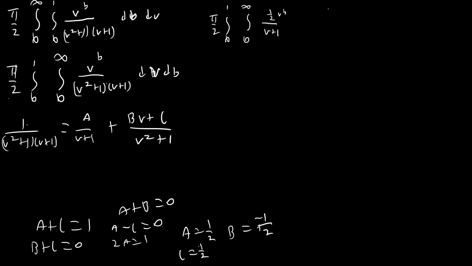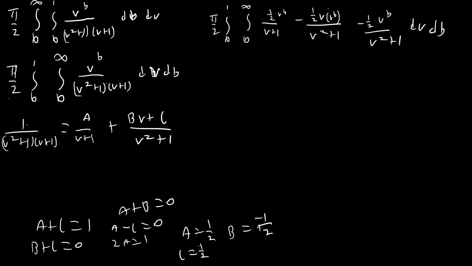This is going to prove to be a problem, isn't it? Well, let's see. Minus 1/2 v over v squared plus 1 times v^b, minus 1/2 v^b over v squared plus 1, dv db.